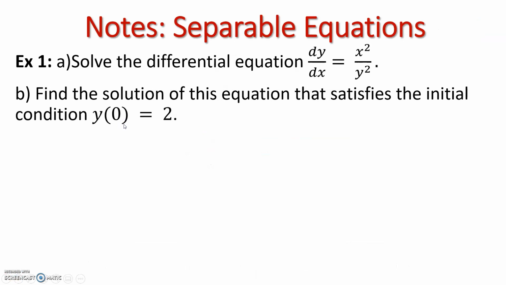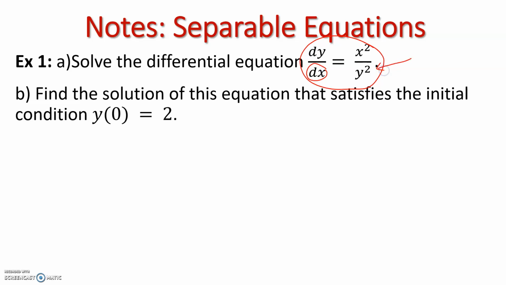All right, so we're going to be taking a look at this specific differential equation right here. So we have dy/dx is equal to x squared over y squared, and we want to solve it. The first thing we're going to do is rewrite it in such a way that the dx goes with the x squared and the dy is with the y squared.